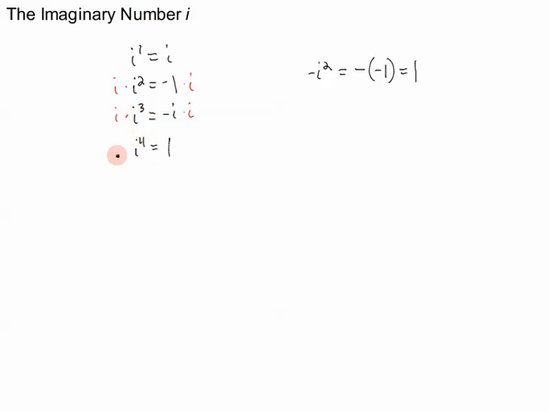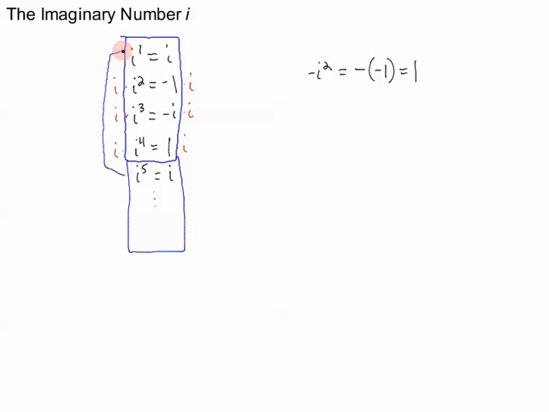Let's continue. Multiply both sides by i. The left side is going to give me i to the fifth. The right side is going to give me 1 times i, which is i. So what we see here is we get a pattern, right? We've got the first 4 powers of i, and then at i to the fifth, this pattern starts over. Because now i to the fifth is the same thing as i to the first.